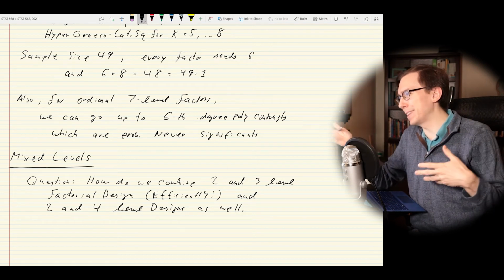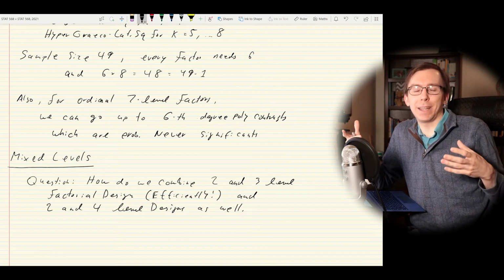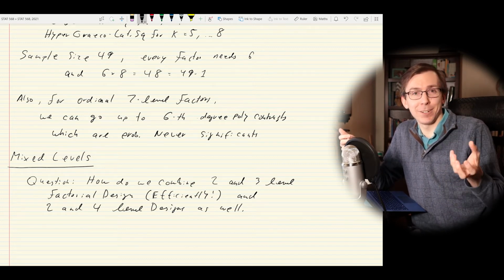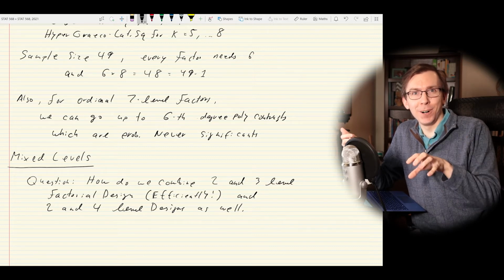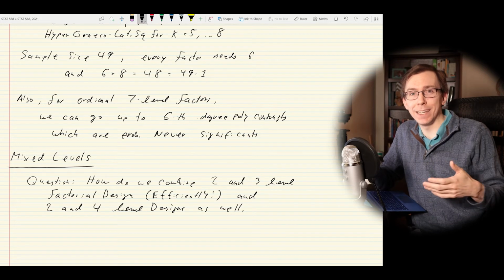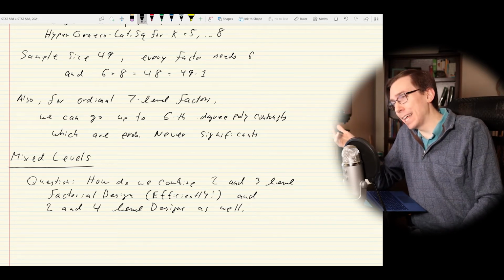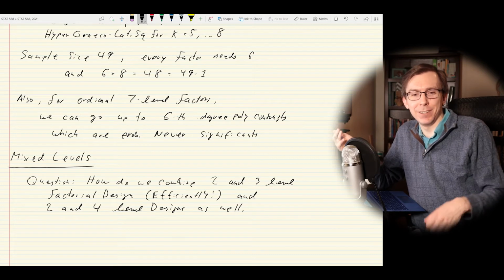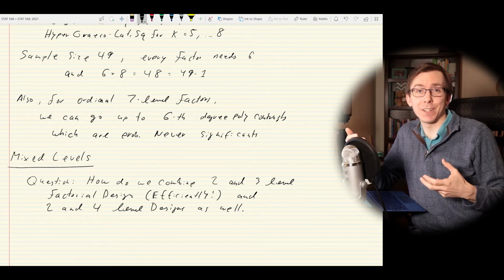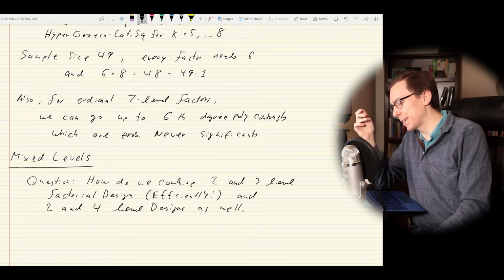And similarly with the 3 level, a typical place where that's going to arise will be having, let's say, 0, small and large applications of some medicine or treatment or chemical. So a 3 level might be no medicine, a small dose or a large dose of medicine, and I want to know how that affects the response, whatever I'm trying to measure.